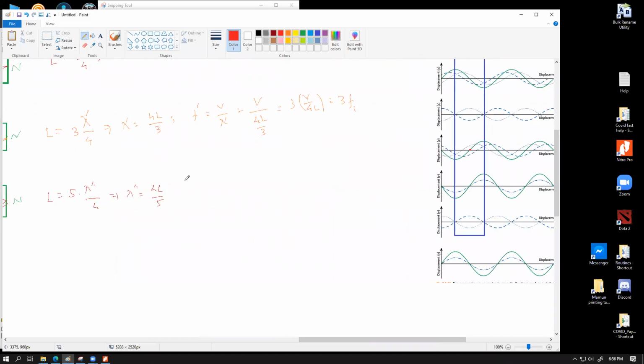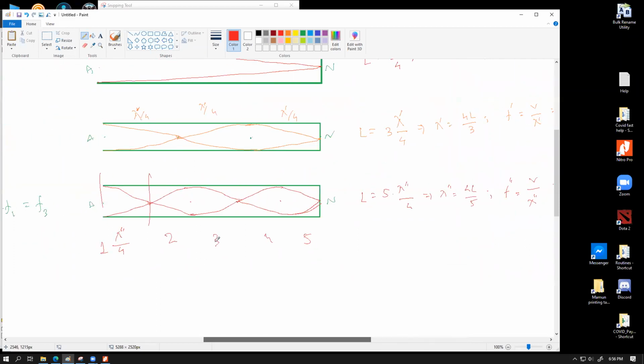If I now go for the new frequency we're going to develop from this setup, it's going to be V by lambda double prime, which is V by 4L by 5, which would be 5 times V by 4L, which gives us 5F1. So this is 5 times the fundamental frequency.